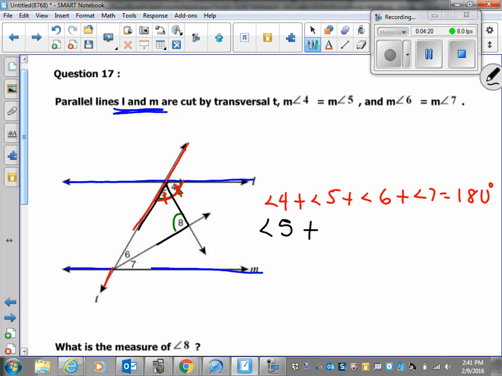Angle 5 plus angle 6 plus angle 8 needs to equal 180 degrees because it's a triangle. Because of that, you know 4, 5, 6, and 7 have to equal 180. 5 and 6 are the same here. So 4 plus 7 needs to be the same as angle 8.